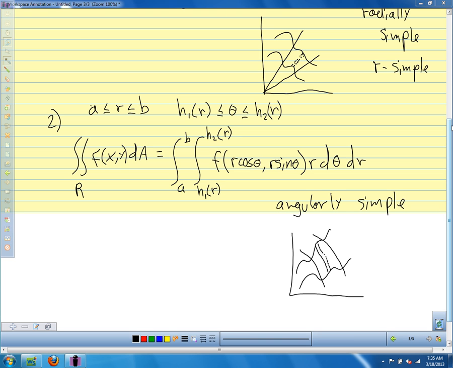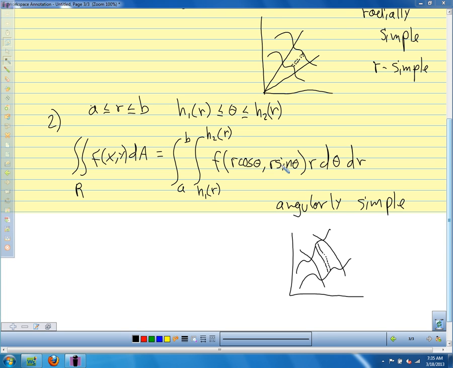So again, often the difficult part in polar coordinates is figuring out what your region is, figuring out the limits of your integration, sometimes changing your function from a function of x and y to a function of r and theta.